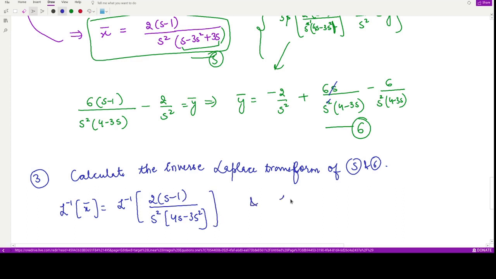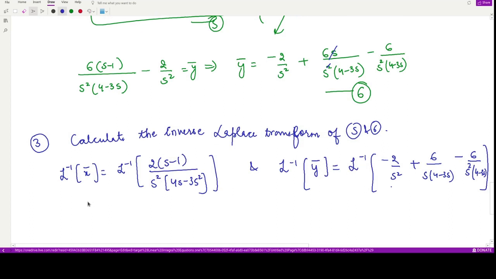And when you take the Laplace inverse of y bar, that would be equal to Laplace inverse of the term minus 2/s² plus 6/s(4 minus 3s), and then this is equal to minus 6 divided by s²(4 minus 3s).